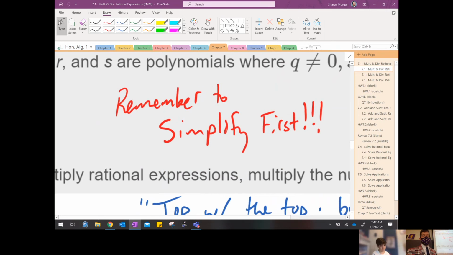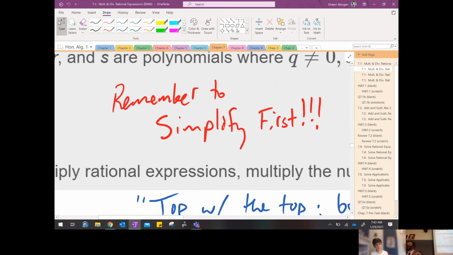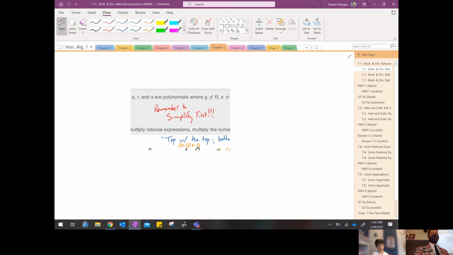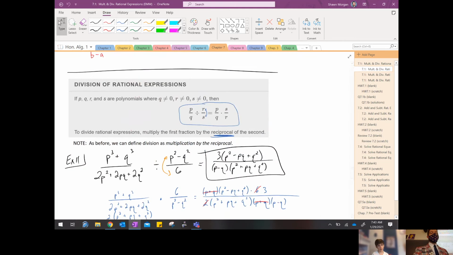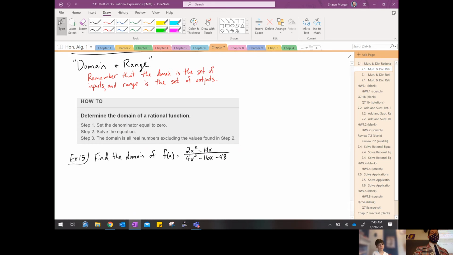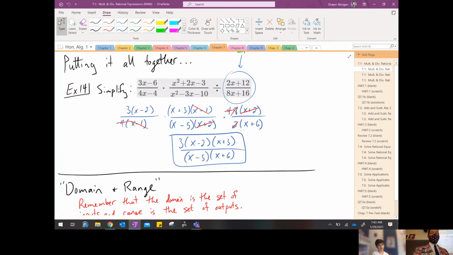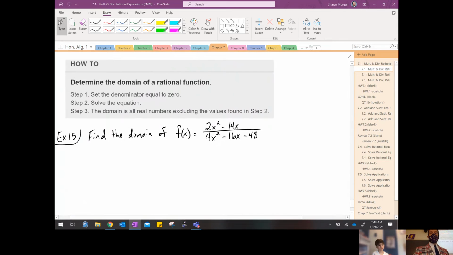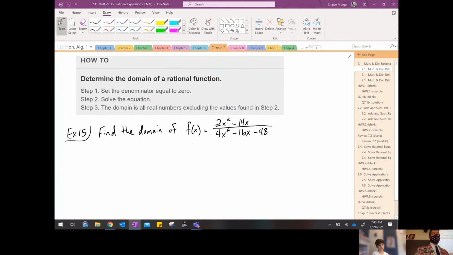And what did we say to do first every time, no matter what? We want to simplify. Simplify, simplify, simplify. That means, as Luke just said, factor, and then see if anything cancels. And once you have factored, and you are determining if anything cancels, whoops. There we go. Then you are ready to go.